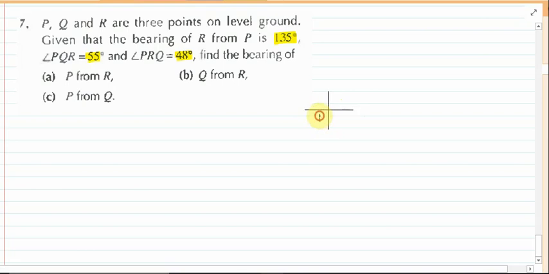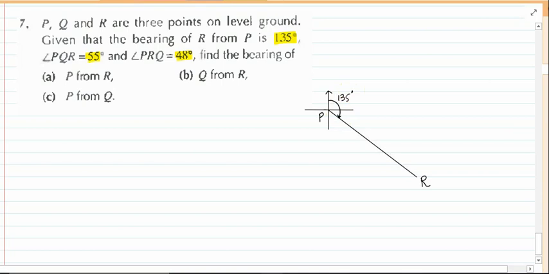This one, and that is the north of P. Now it says the bearing of R from P is 135. Now 135 leads to second quadrant here, right? So this point here is R, and the bearing is 135. That means this angle is 135.